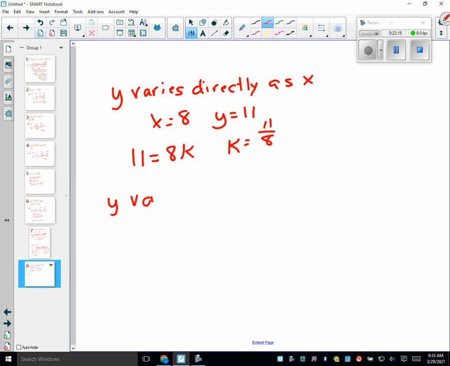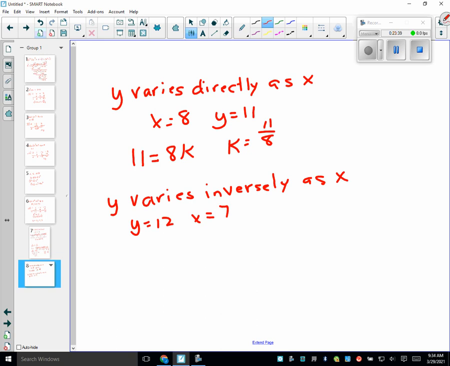Now, y varies inversely as x. So y is 12 when x is 7.